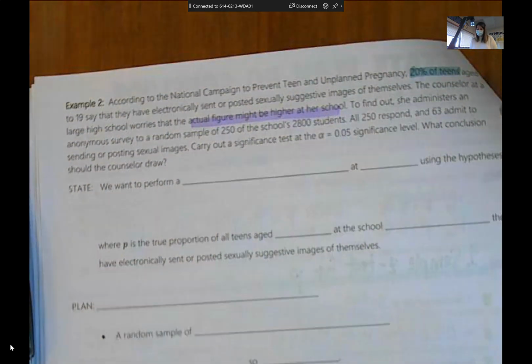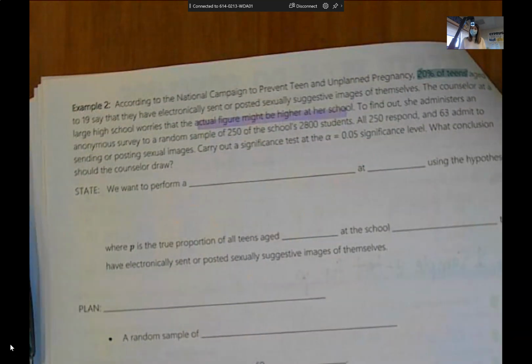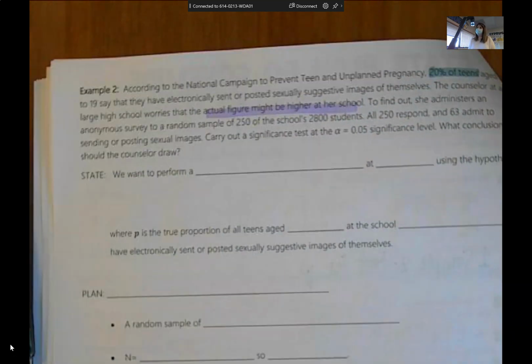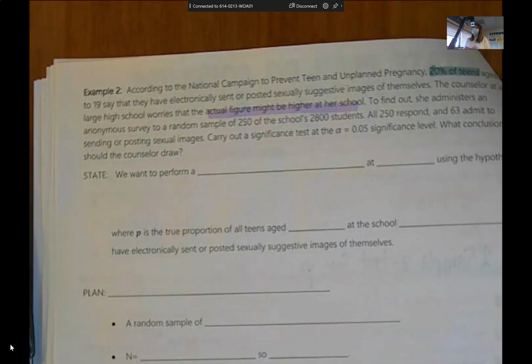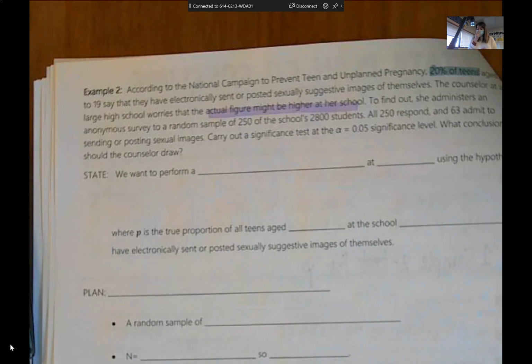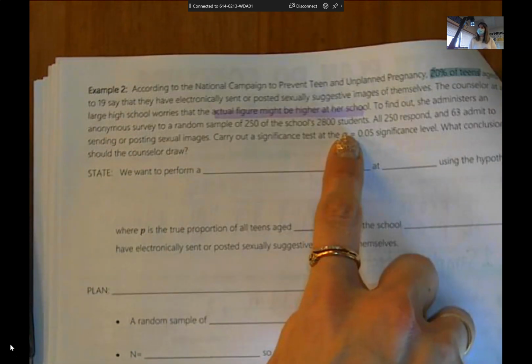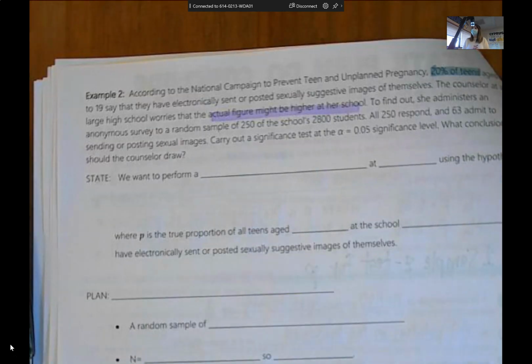To find out, she administers an anonymous survey to a random sample of 250 of the school's 2,800 students. All 250 respond, and 63 admit to sending or posting sexual images. Carry out a significance test at alpha is 5%. What conclusion should the counselor draw?